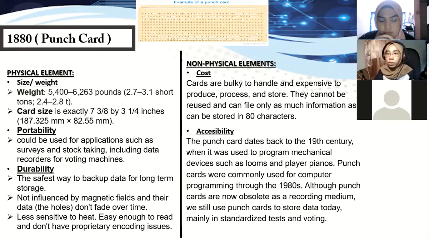So for durability, this is a way to back up data for long-term storage, not affected by magnetic fields, and the data they hold doesn't fade over time. Less sensitive to heat, easy enough to read and don't have proprietary encoding issues.